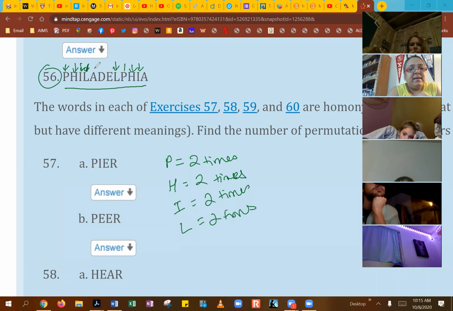Okay, and then A? A is once. No, A is also twice, right? 2 times for the A. And then what does that leave us with? D and E, right? And they're going to be 1 each.